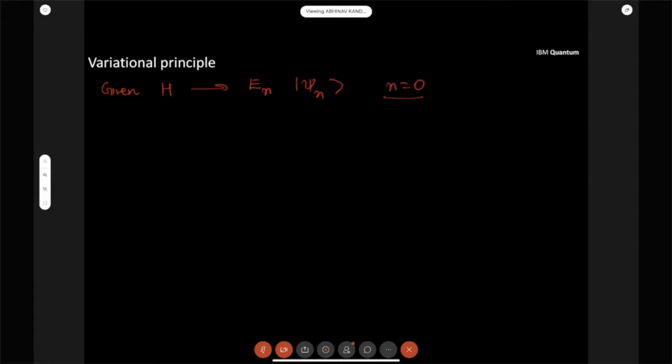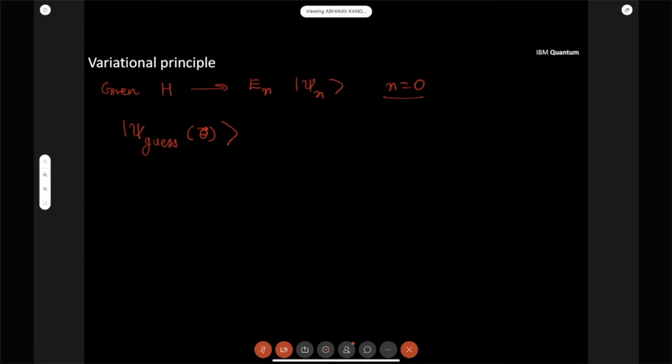Okay, and then you have a guess that you want to prepare, right? And this is parameterized by some set of theta. Okay, and this can be something you might parameterize even in your classical program.